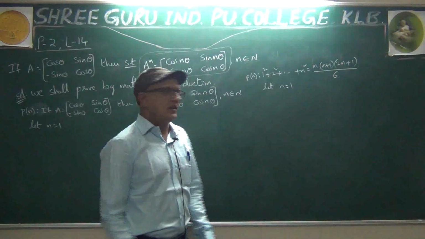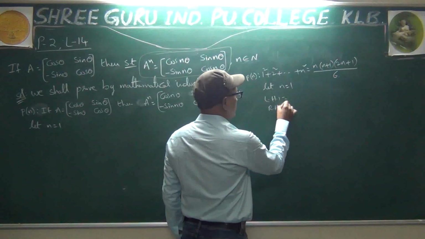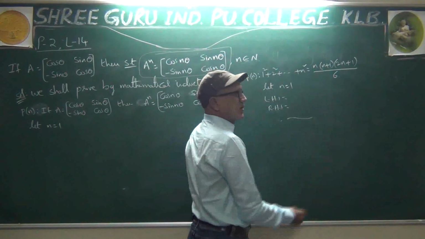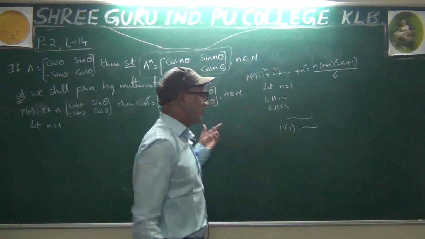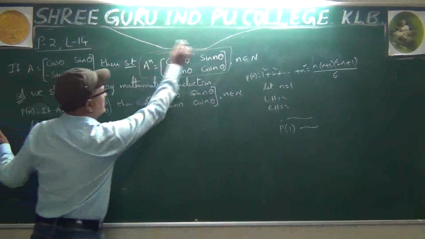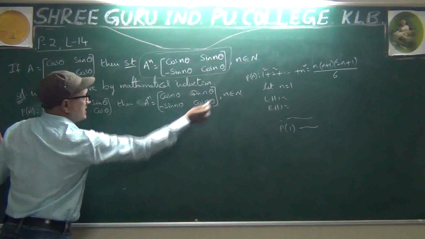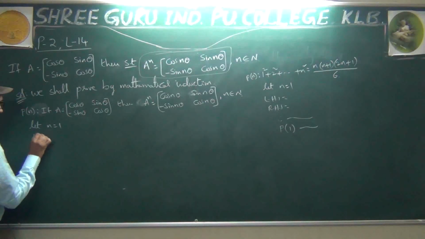Let n equal to 1, LHS, RHS, therefore LHS equal to RHS, therefore P of 1 is true. Same method. This part is the main part.